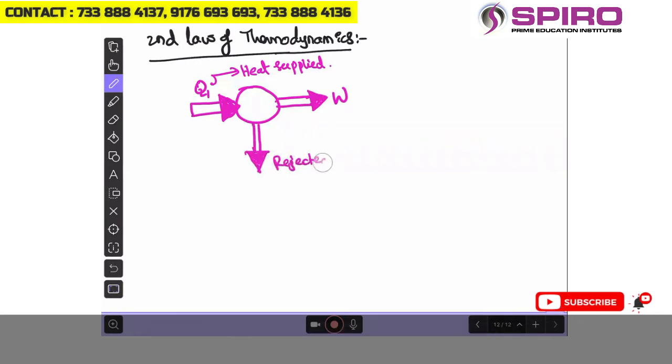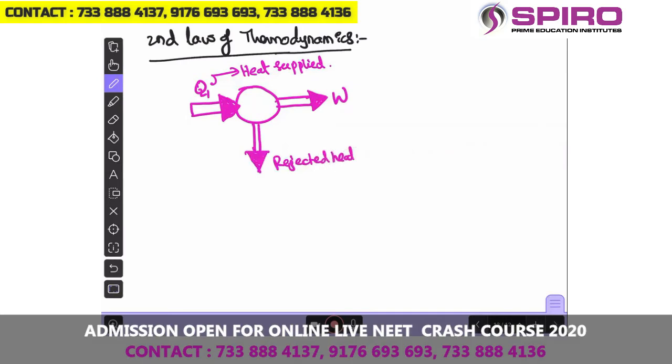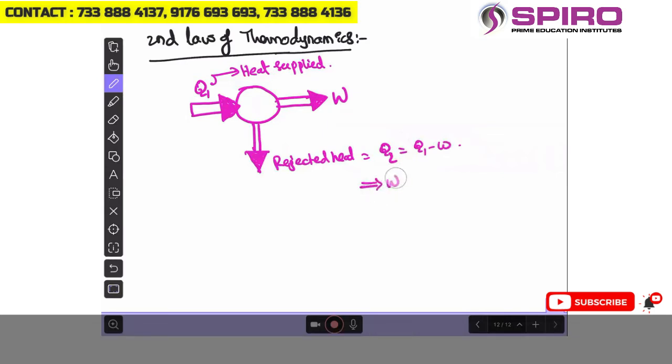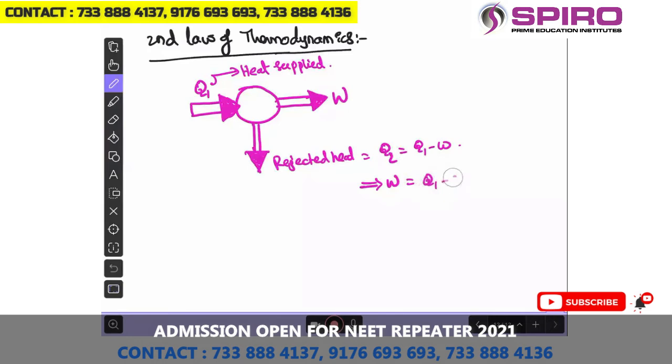Let us say it is Q2, that is Q2 is equal to Q1 minus W. So from this you can say the work done is equal to Q1 minus Q2.